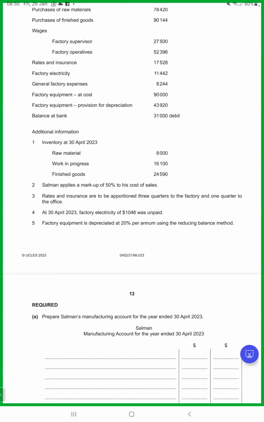So it is just 3/4 of this, which is the same as 75%. So 75% of the cost for rates and insurance. Where is rates and insurance? You've seen it's 17,528. Now 75% of that.